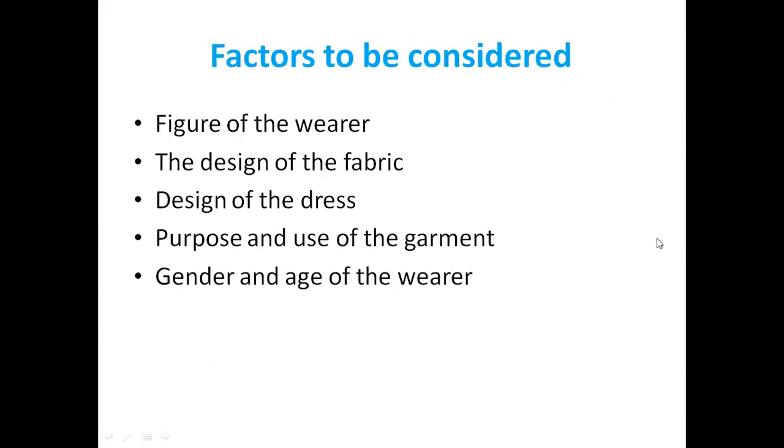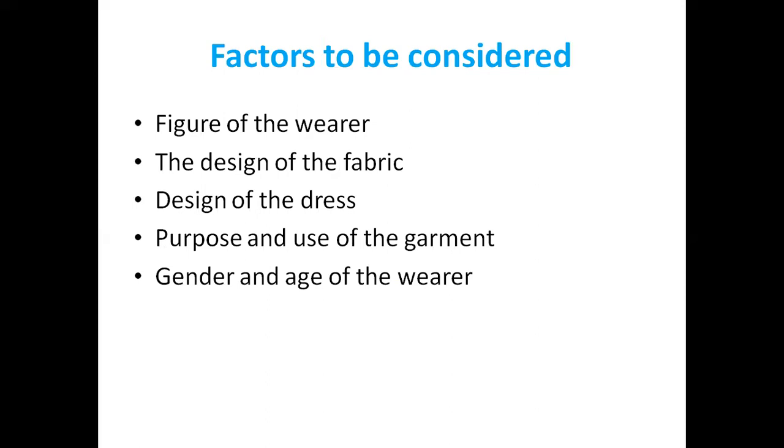Now we will be discussing the factors which need to be considered in designing a sleeve. First of all, we have to think of the figure of the wearer. There are various types of figures, namely short figure, tall figure, thin figure, and even stout figure.